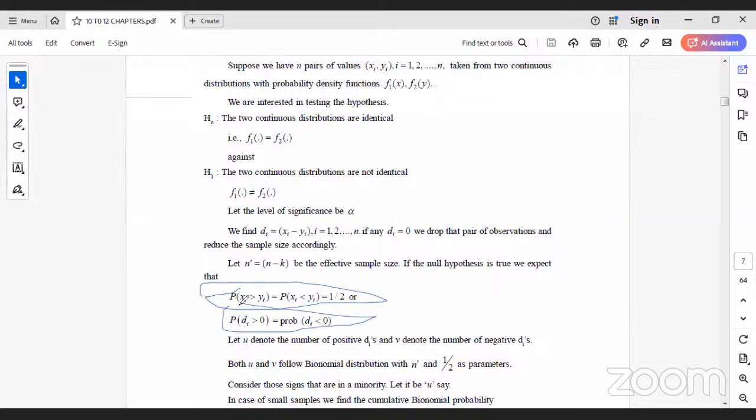P(xi greater than yi), P(xi less than yi) is equal to 1 by 2, and the condition is satisfied there. P(di greater than 0), P(di less than 0) we are taking here.